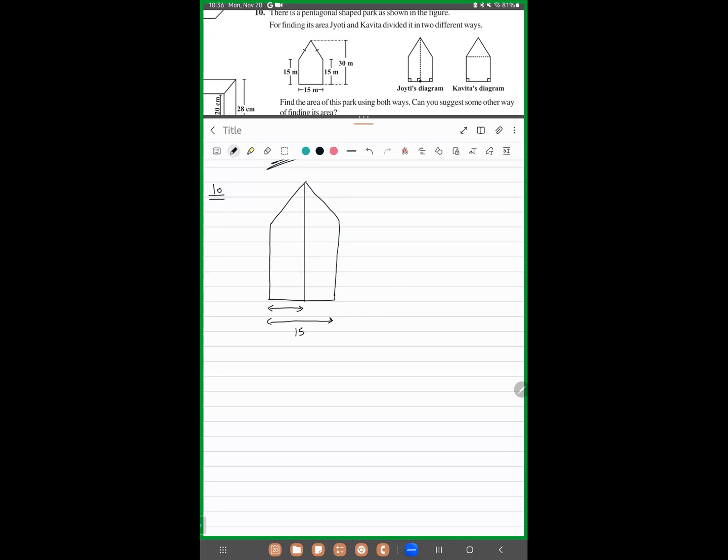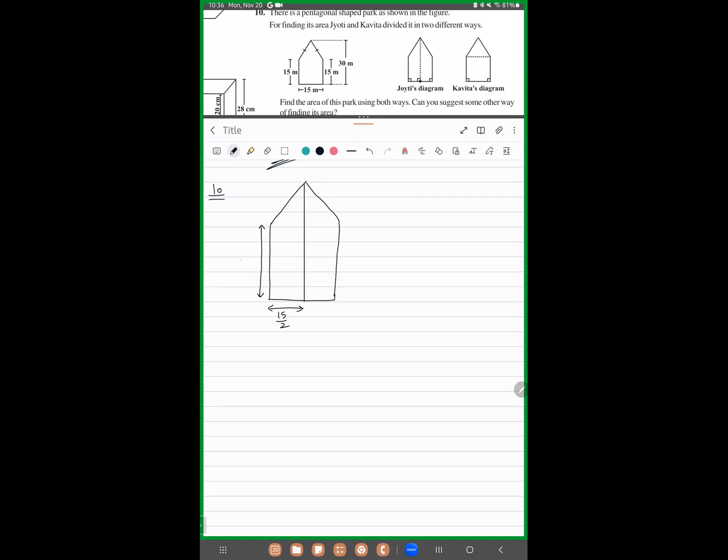Half of 15, so it's going to be 15 by 2. Now from here to here, we don't need to find this one. We just have to find the parallel sides and the distance between them.